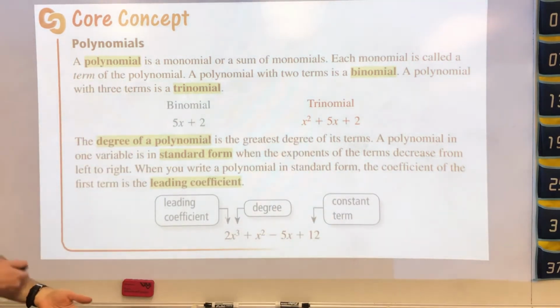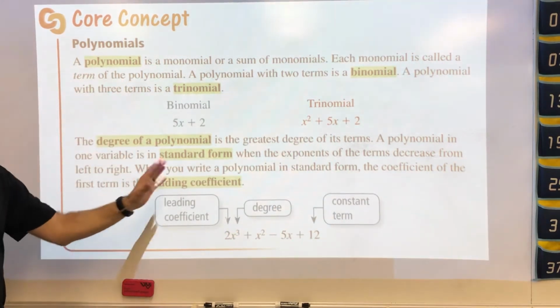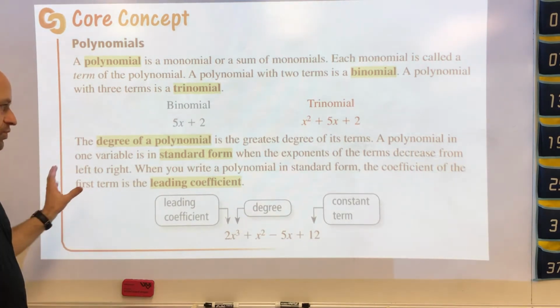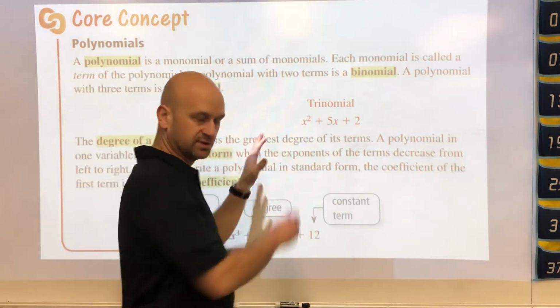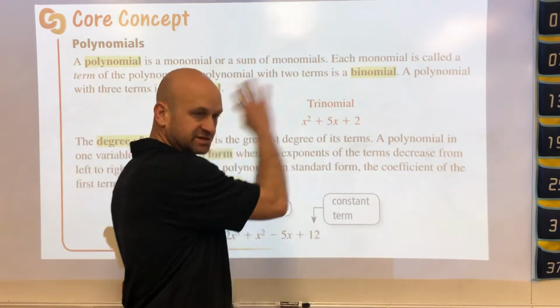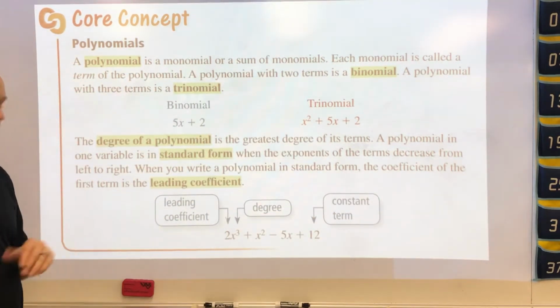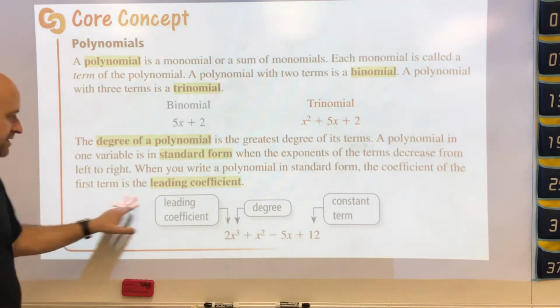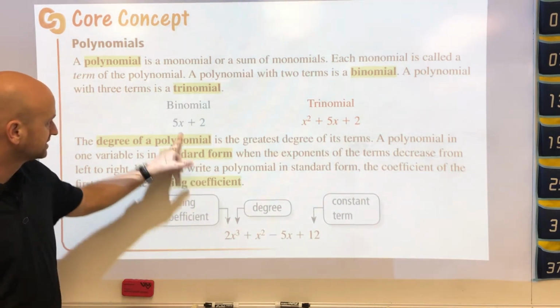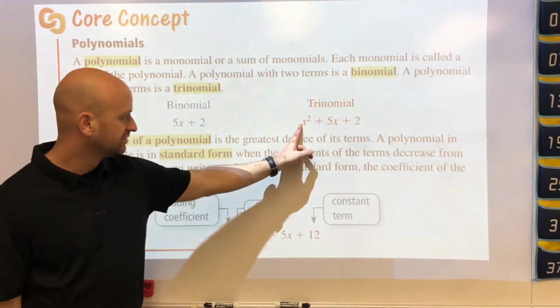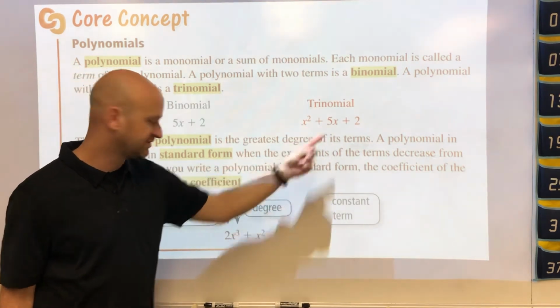Okay. In standard form now, they're going to ask you to do things in standard form. We write them so the exponents go from the left to the right, greatest to least. All right, so that is the key. And then the leading coefficient here. So in this case, the coefficient's 5, the coefficient's 1, the coefficient's 5.